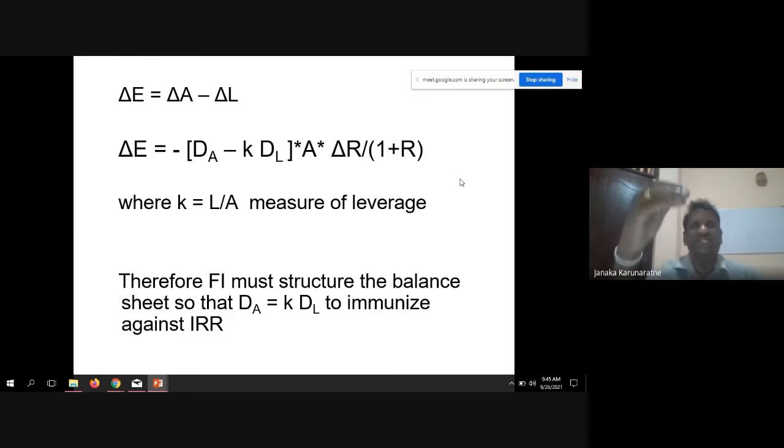And whenever he sees significant risk arise, he needs to ensure the board or senior management restructures the balance sheet to minimize any significant risk by adjusting DAs and DLs, right?